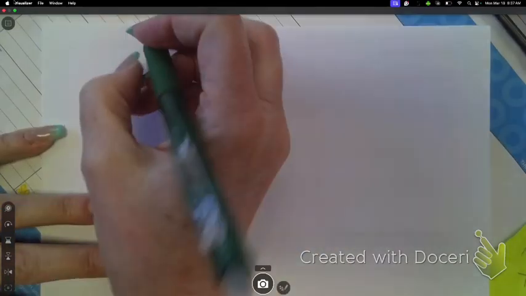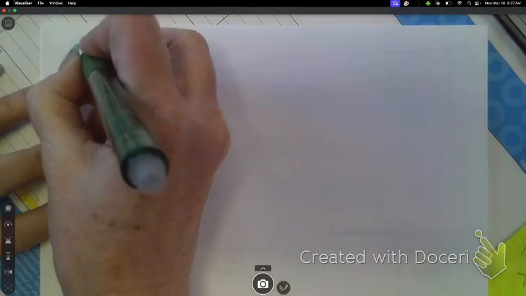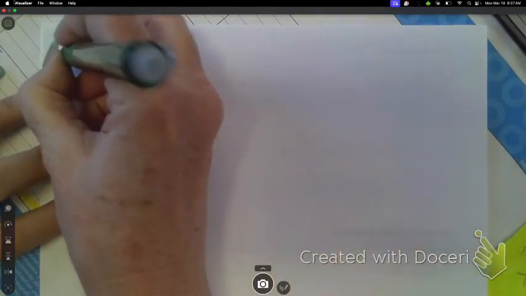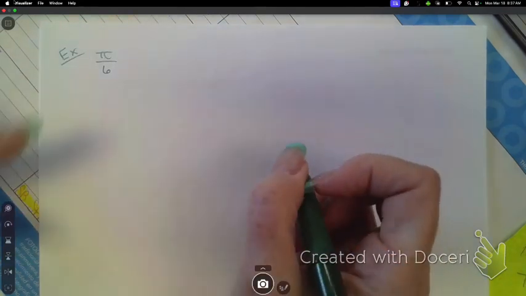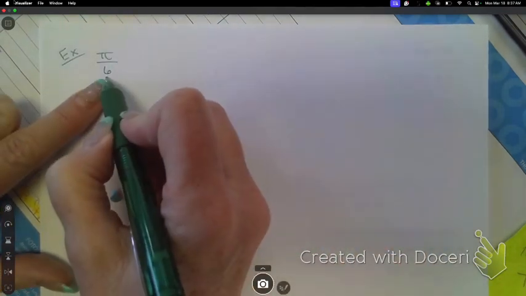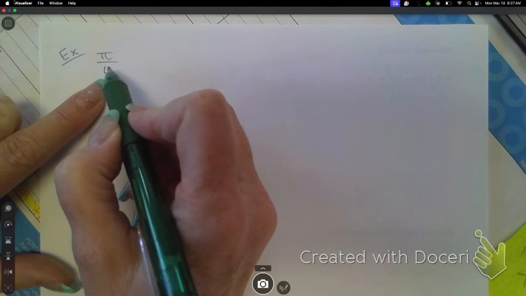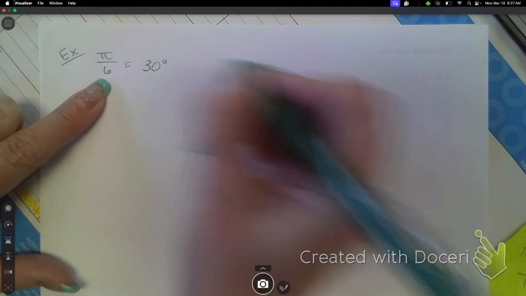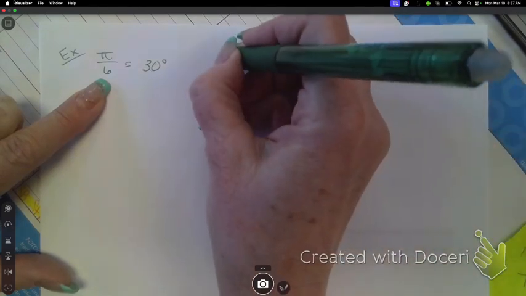Okay, so they got pi over 6. What's pi over 6? 30. So if you get pi over 6, what I mean by do it without the whole process is you just ask yourself how many times does 6 go into 180, and you say 30. So what if I had 5 pi over 6?